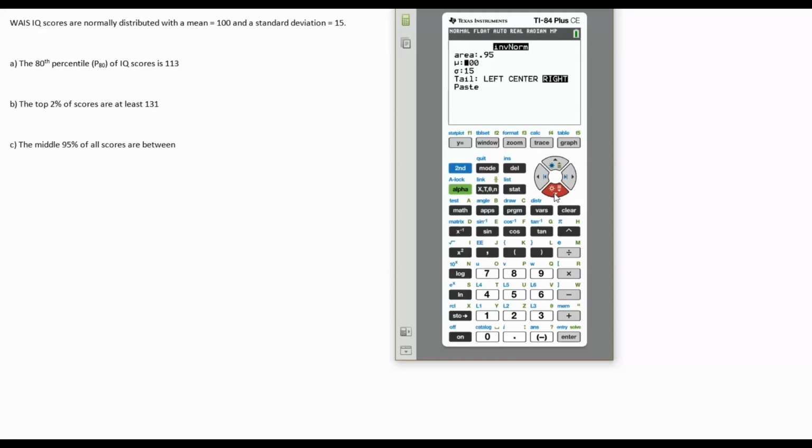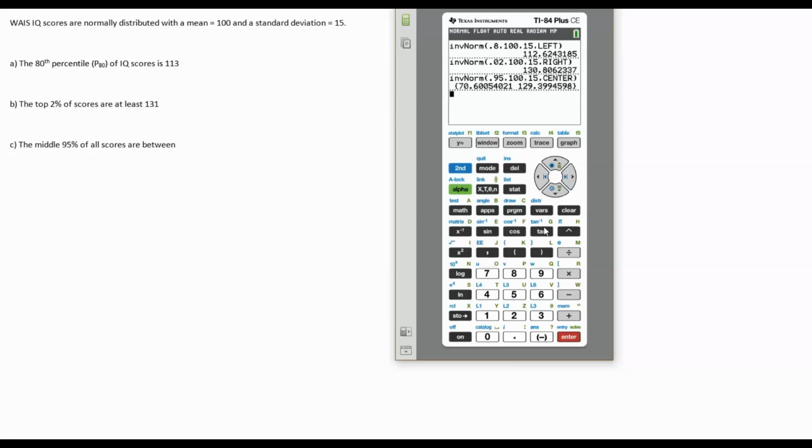And as I'm going down, I got my mean and standard deviation, and I choose center. Now, before I paste this, let's think about this. The empirical rule says approximately 2 standard deviations. That's an approximate rule, so we're going to look for something between 70 and 130 here. But let's see what comes up.